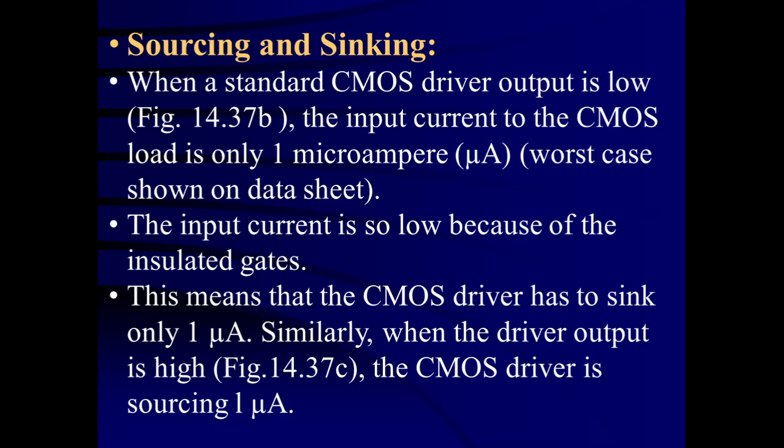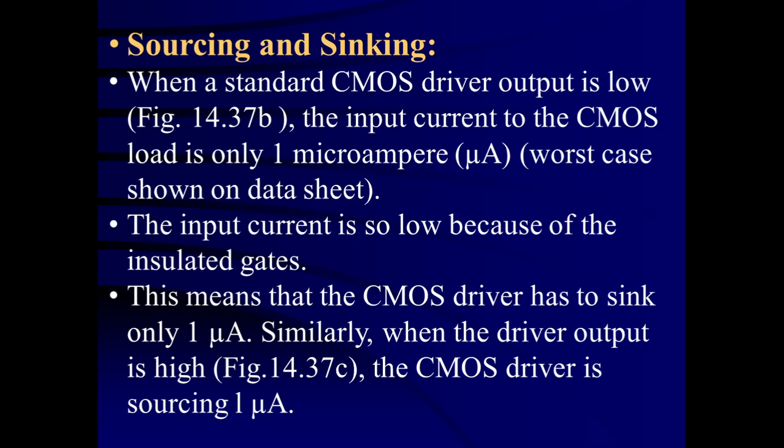Between the gate and substrate there is an insulating layer, silicon dioxide, so it offers a very high input impedance, ideally infinite. And what is the current? V upon R. R is infinite, so the input current is very low, and that's why it is shown as 1 microampere in the worst case condition. Actually the current is less than that also.